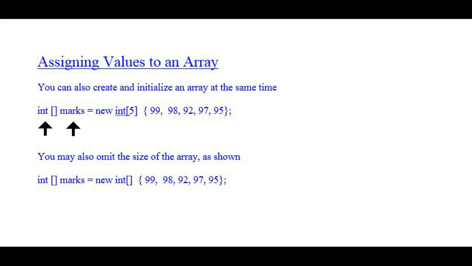The elements within that array can only be integers. And we've said marks will have 5 elements. And then directly after that, we've actually gone ahead and populated each element. So 99, 98, 92, 97, and 95. Each one of these values will sit in a separate element within this array called marks.